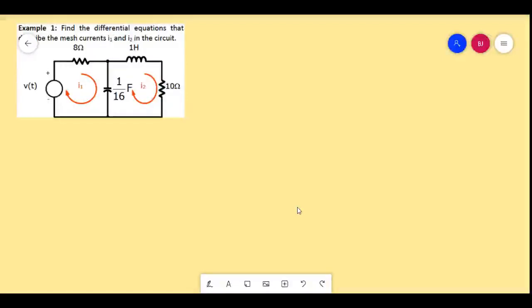So we have a single voltage source, which is VT, an 8 ohm resistor, and a 10 ohm resistor at the far right, a capacitor with 1/16 farad value, and an inductor with 1 Henry value. So the first thing we have to do is to actually represent first. So we will be doing step 1.